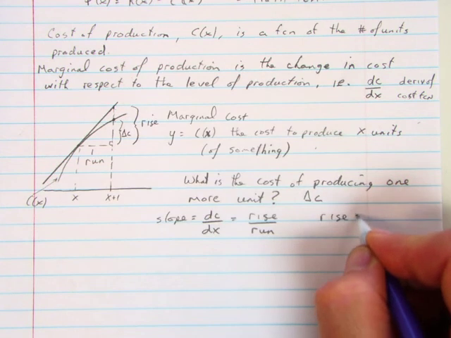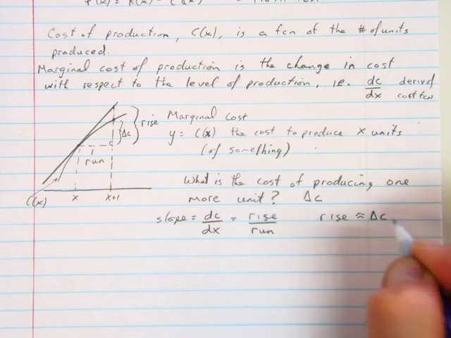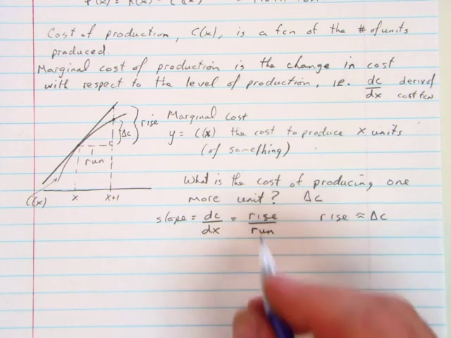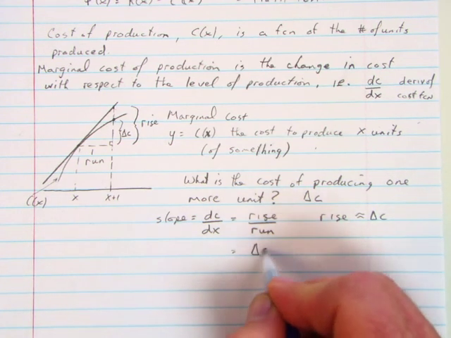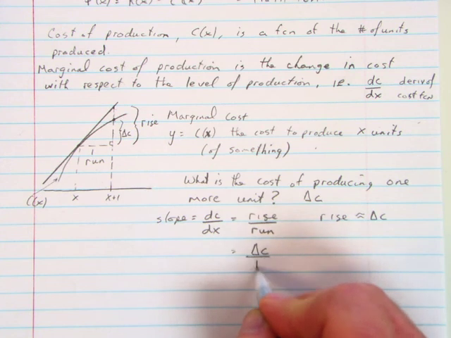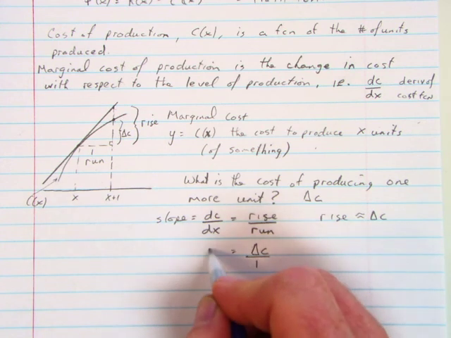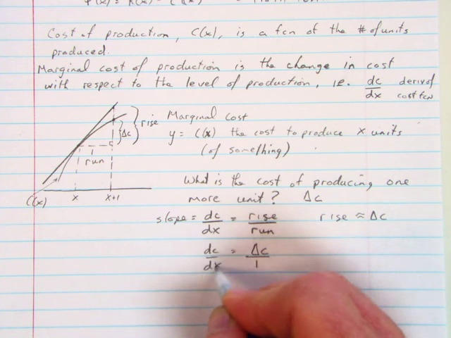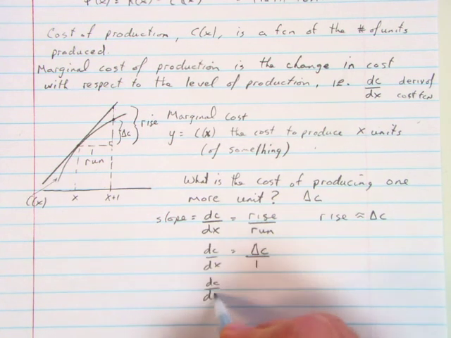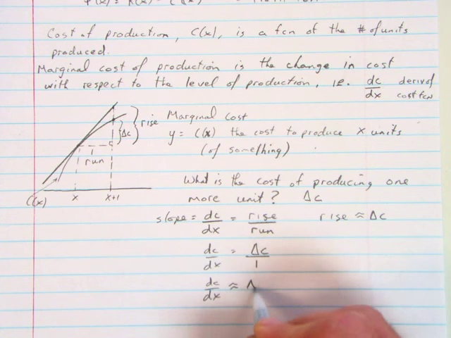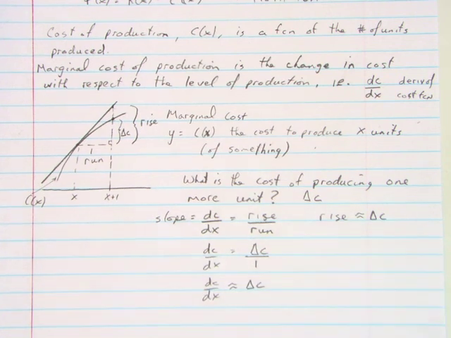The rise is approximately equal to delta C. And our run is 1, so we have delta C over 1 is equal to dC/dx. Or in other words, dC/dx is the approximation for our change in costs.